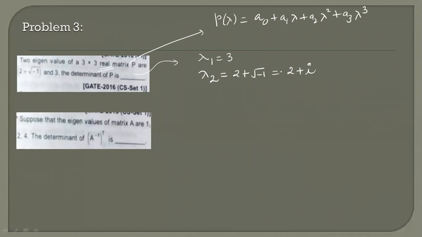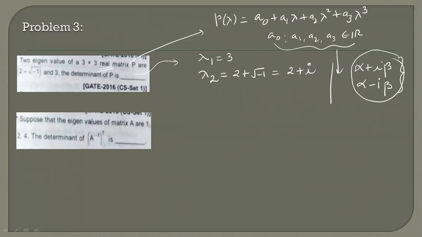Now A0, A1, A2, A3 are real numbers here, because entries are coming from real numbers. In that case, if one eigenvalue is alpha plus i beta, then the second eigenvalue will be alpha minus i beta. This is the property of theory of equations.